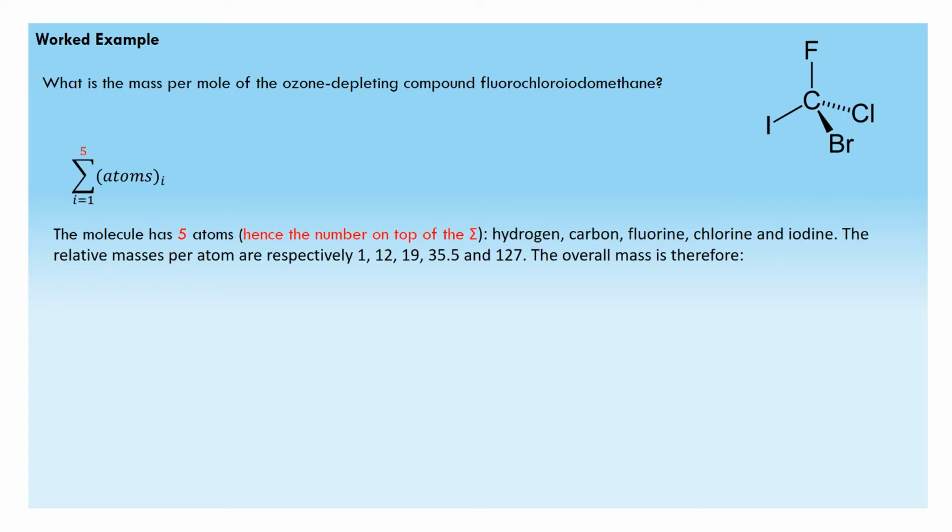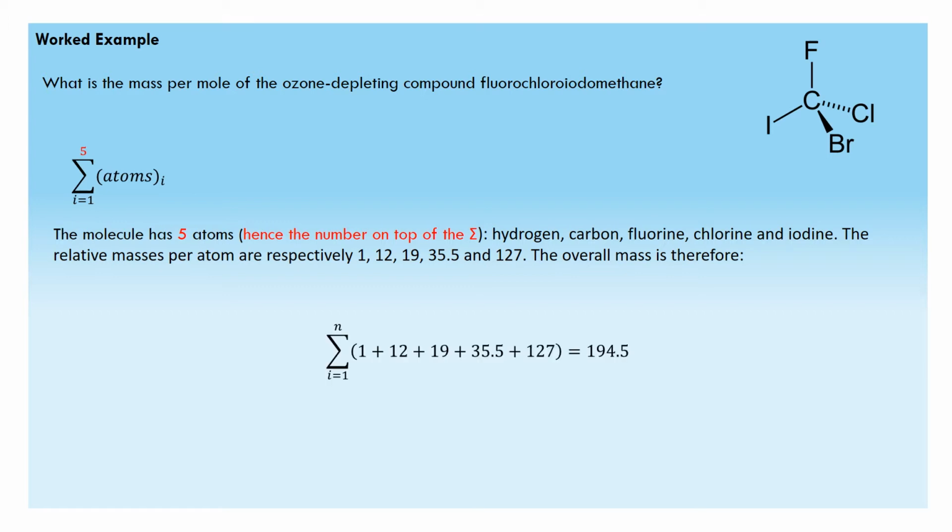So there's one of these sigma operators, and I'm just going to talk about its arrangement. You see the 5 on the top of that sigma operator. That tells us there are 5 numbers in a particular series. Well, in this case, this molecule has 5 atoms. So we put 5 on the top of the sigma operator.